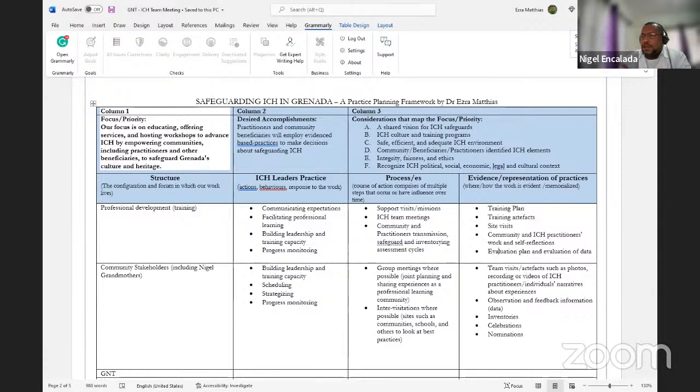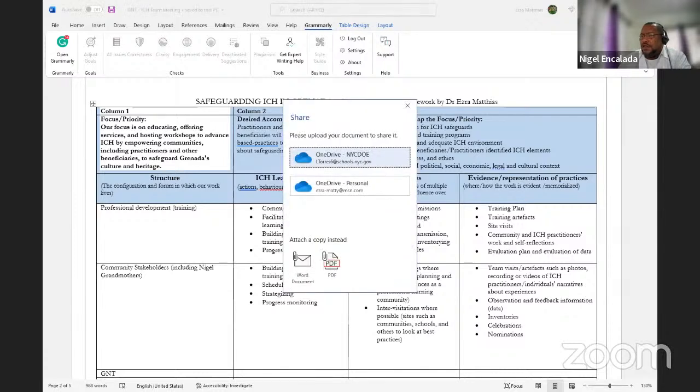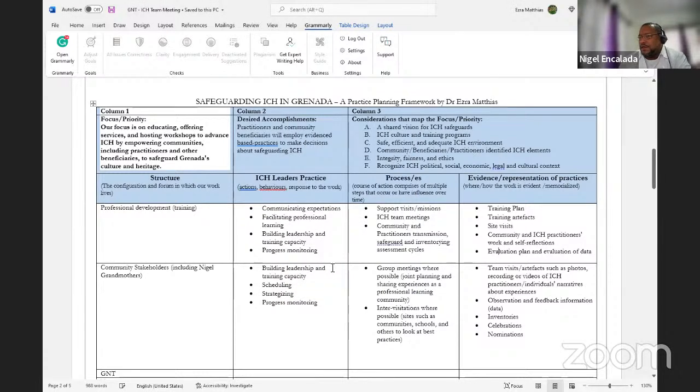Where do you see yourself in the process? And what evidence will you be able to provide, or do you envision as a result of being involved in the practice and going through the process? So you don't have to think of many things. We're looking for that one thing.